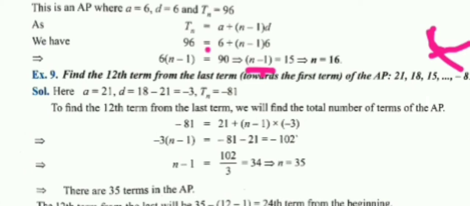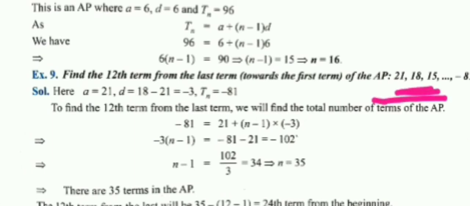First get the value of n. So students, you can see here, the value of n we got is 35, okay? 35 is our n. So there are 35 terms in the AP, okay?